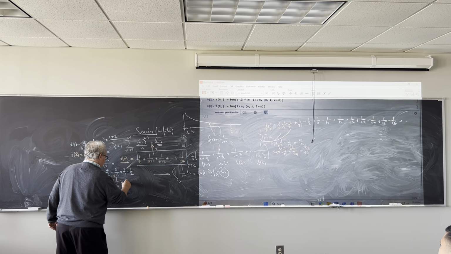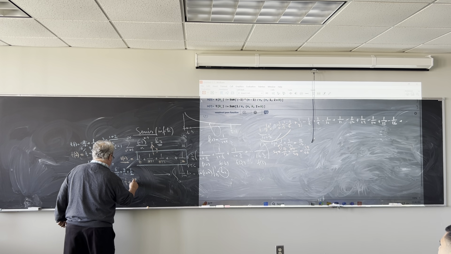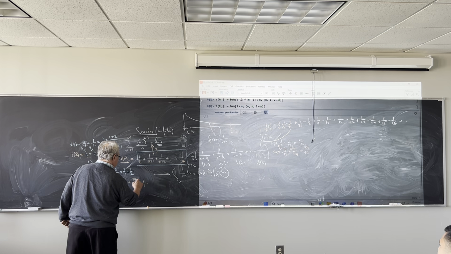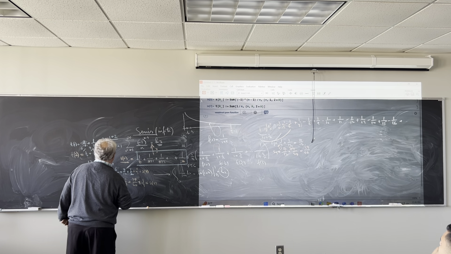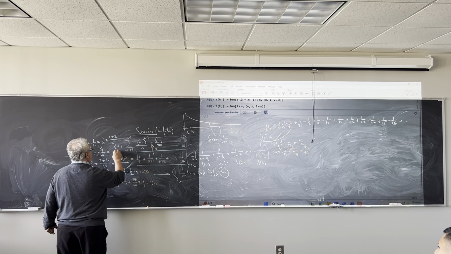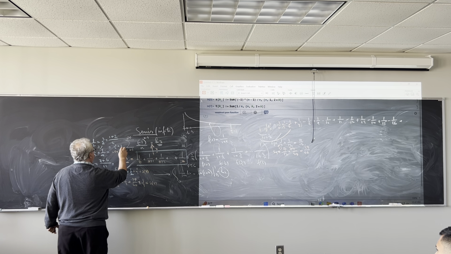So this is equal to 1/3 plus 37 over 60. Which means it's 1/3 plus S of 3. This is 1/2 plus S of 2. And this is 1 plus S of 1.